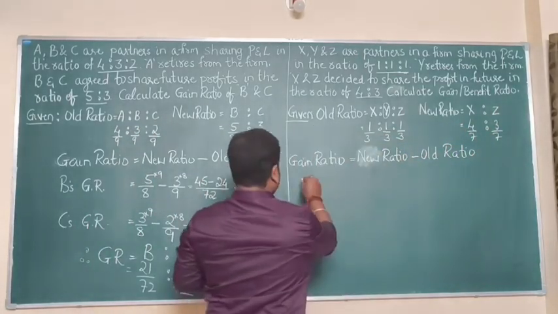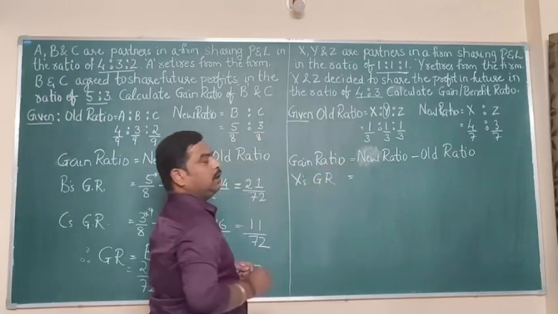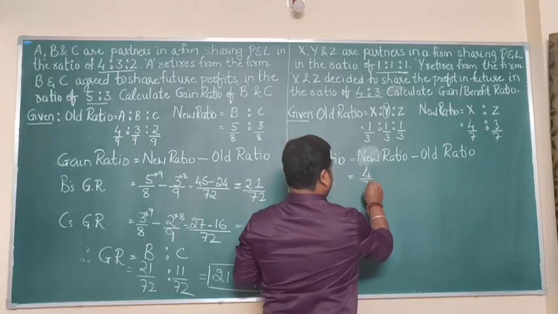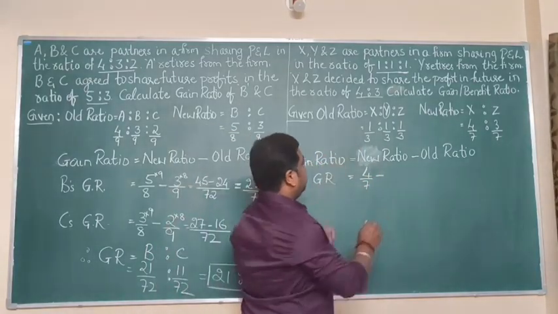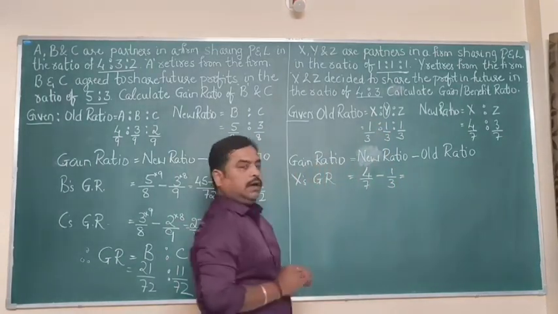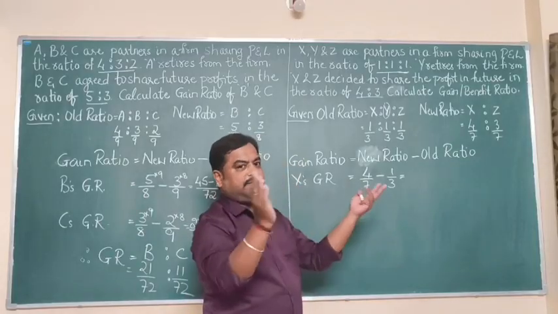X and Z. So X's gain ratio is equal to, what is the new ratio of X? It is 4/7 minus, what is X's old ratio? X's old ratio is 1/3. Now see, what are the denominators? 7 and 3, completely different numbers.